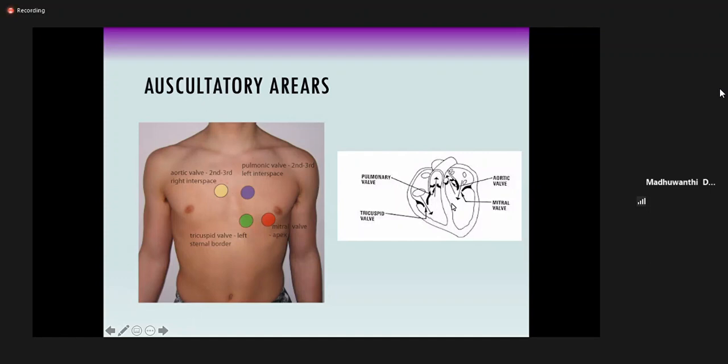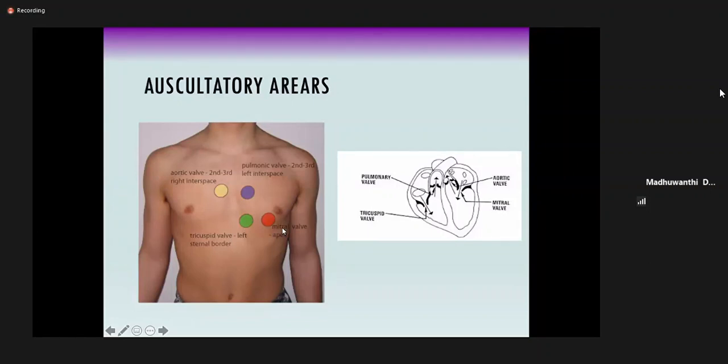Each of these valves projects the sounds that they make into different areas. So if you know where that area is, and you hear a murmur most loudly in this area, then you can form an opinion that the structure involved is this particular valve.